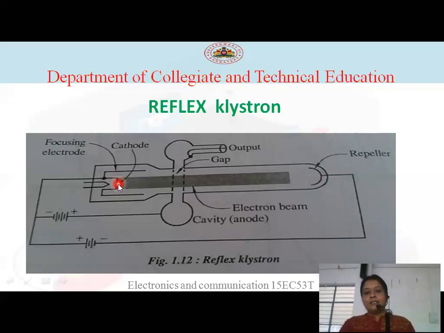Now, when the electrons are generated here, what will happen? Just observe: those electrons are attracted by this cavity because it is at very high positive voltage. Electrons are negatively charged particles, so they are attracted towards this cavity.